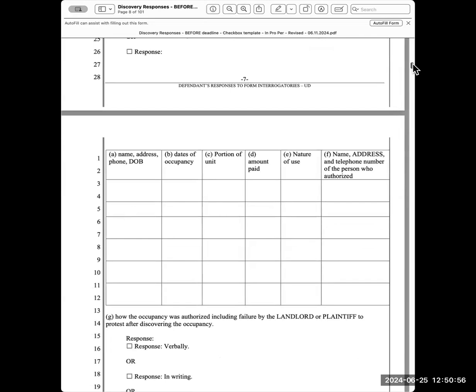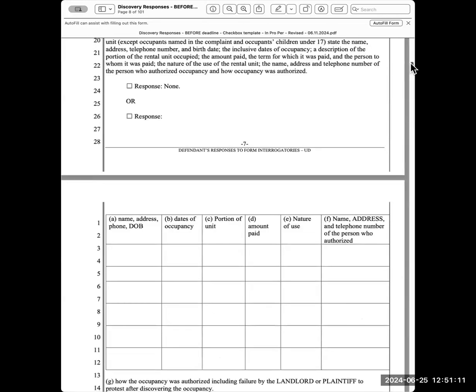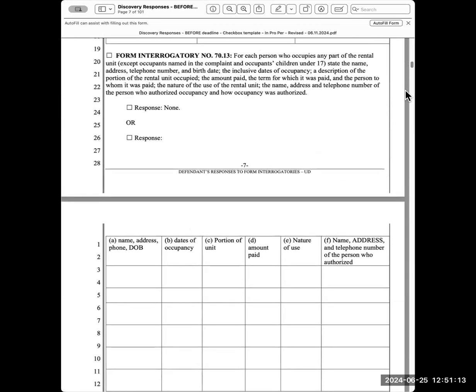So when answering this question, sometimes the landlord or property manager doesn't put in writing that they agreed to let someone move in, but the proof of their acceptance of that person can come in a different way.